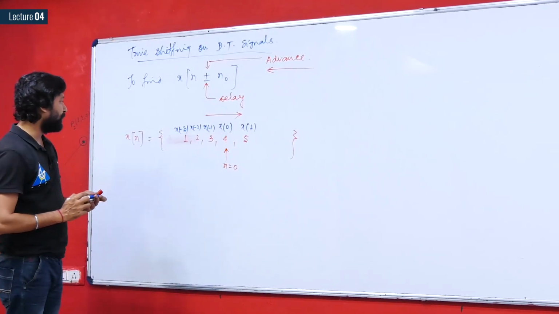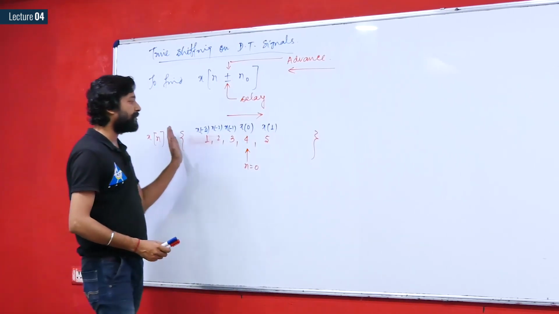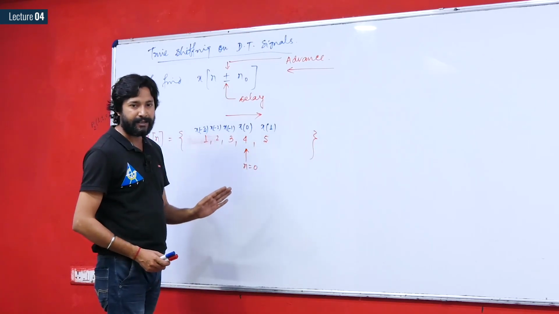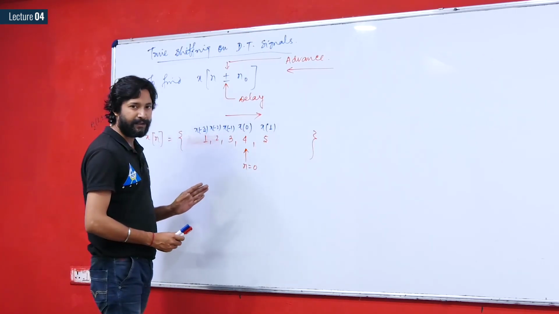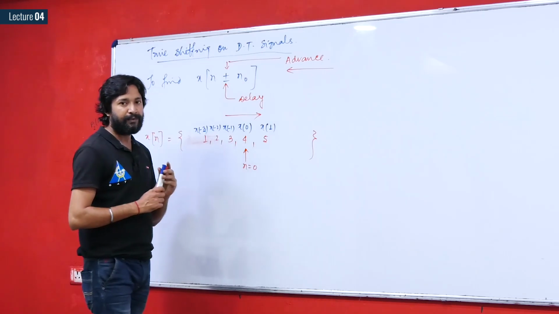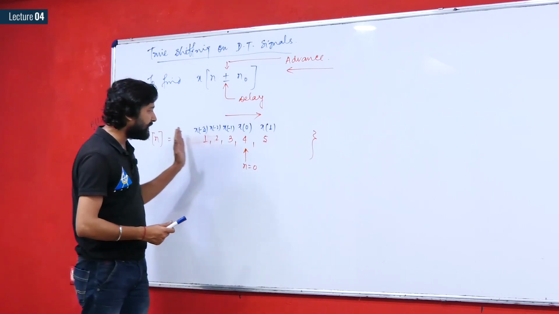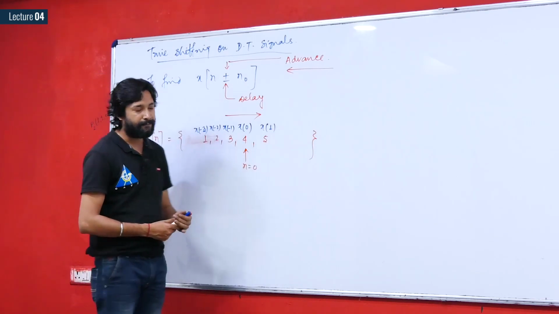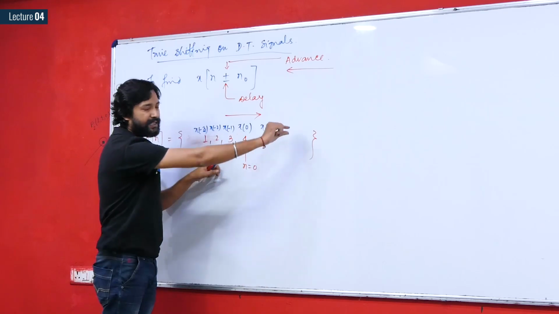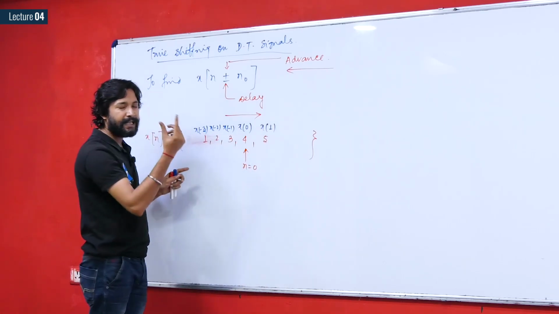So if you have to perform the time shifting operation, it means you have to shift this signal towards the right hand side in case of delay or towards the left hand side in case of advance. To perform this time shifting more efficiently, you can pick this arrow, and if the signal is traveling towards the right hand side, then this arrow will get shifted towards the left hand side by the same amount.